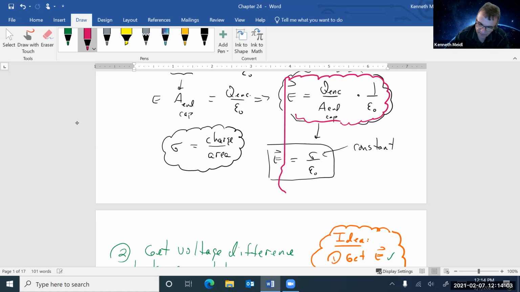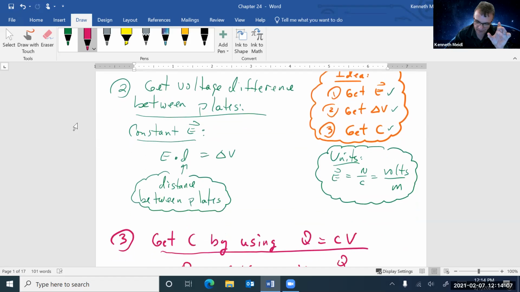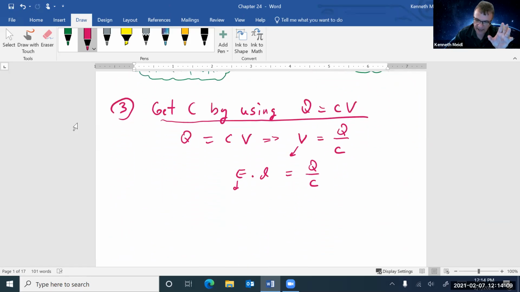The reason I'm going to use that is because it has Q in it. And it's typical that people look at capacitances without this Q showing up here. So here's the charge per area, times 1/epsilon 0. That is the electric field, or one version that we can write it as.